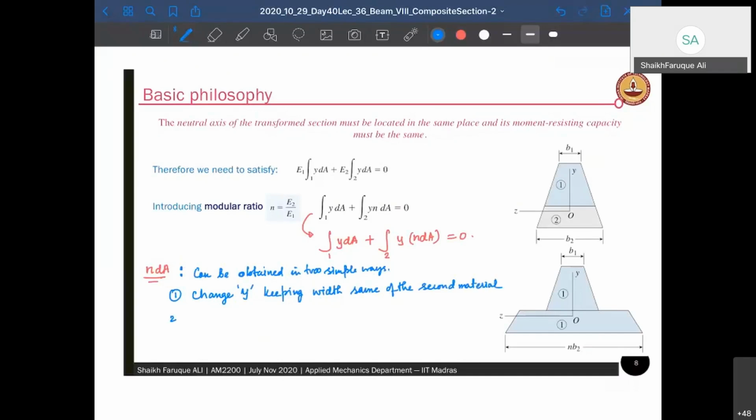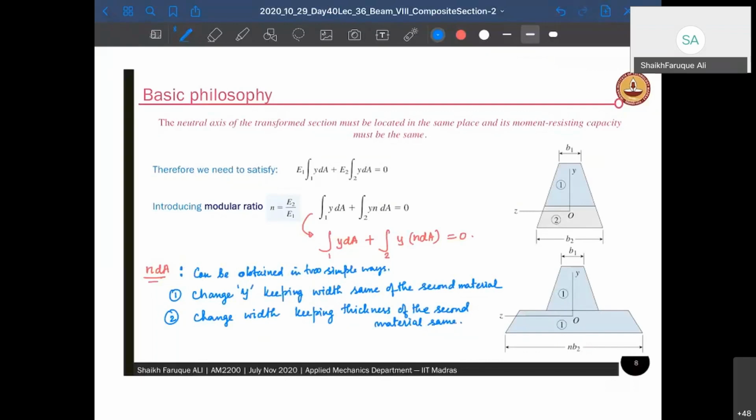Two is change width, keeping thickness of the second material same. All right. Now, which one should we choose?